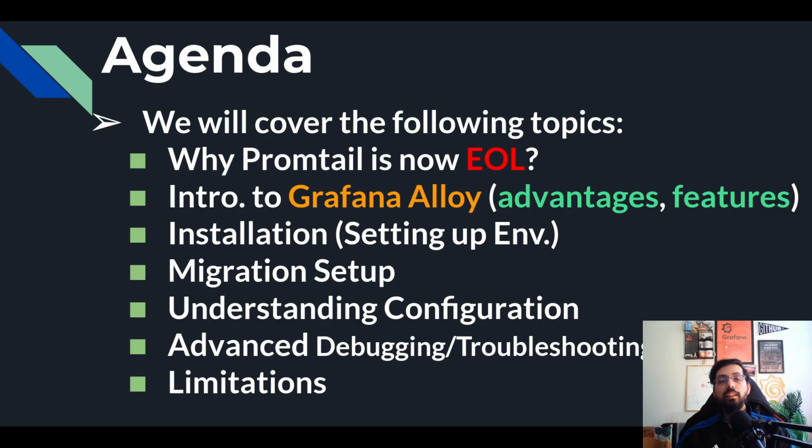And then we will understand the configurations, also take a look at the advanced troubleshooting and debugging practices. And finally, we will also take a look at the limitations. And yeah, there is one more bonus section where we will go through some exercises as well. So let's get started.